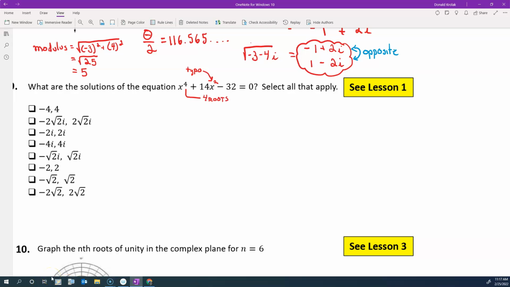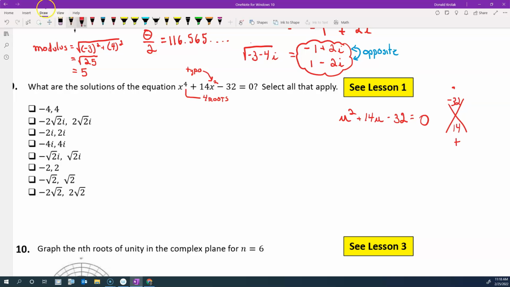All right, now this particular one kind of looks like a quadratic. Because if it looked like this, u squared plus 14u minus 32, that's a quadratic, and I can factor that. That's something I'm used to doing. What two numbers multiply together to be negative 32, and at the same time add together to be 14?